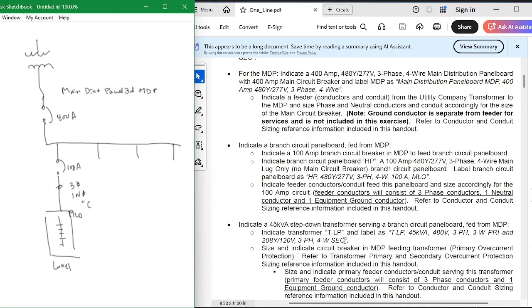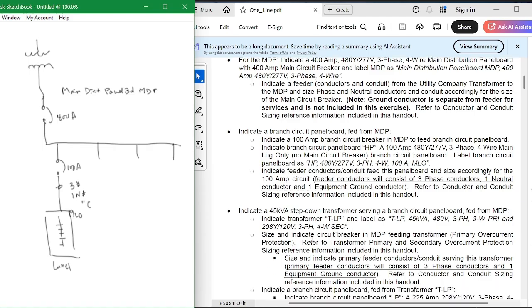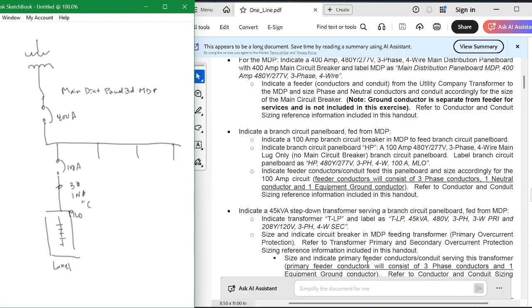Well, it says size and indicate the circuit breaker in MDP feeding the transformer. So it's a 45 kVA down here.